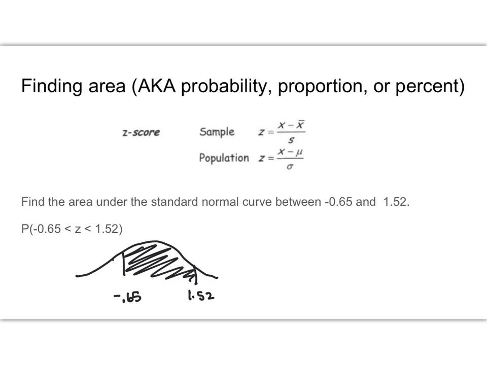Well, I know that the area here to the left of 1.52 was 0.9357.